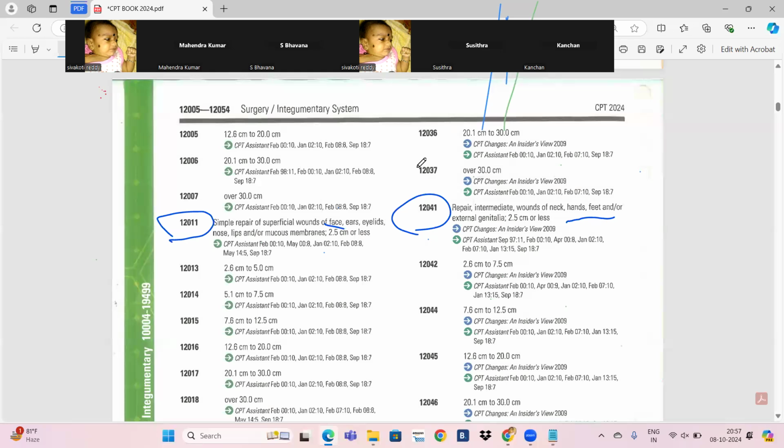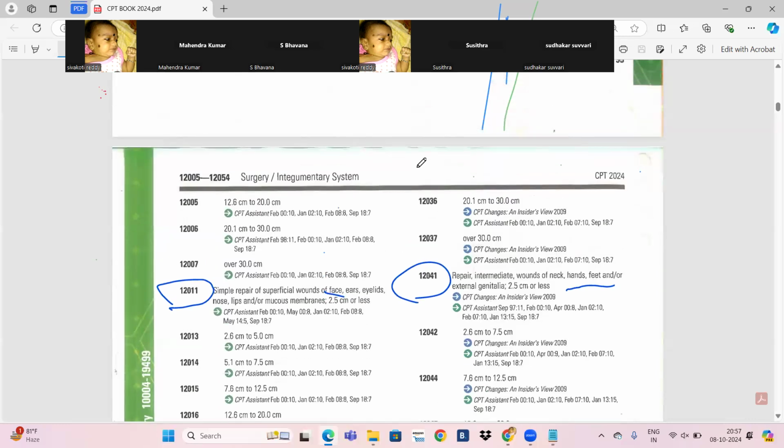Any doubt in this concept? Lacerations, debridement, skin tags. Sir, why do we use 59 modifiers? We just simply give the codes, right?